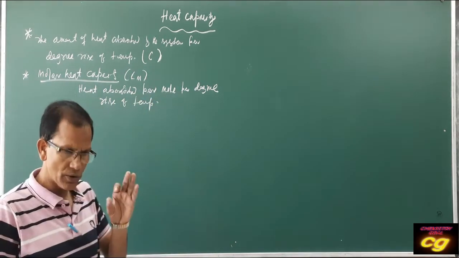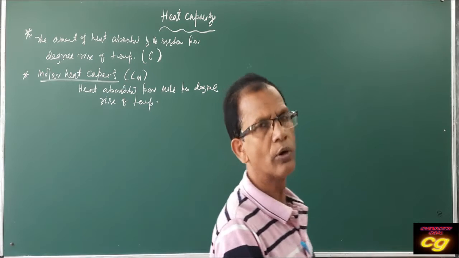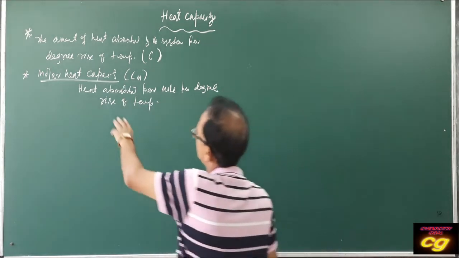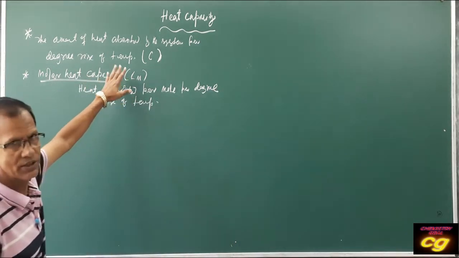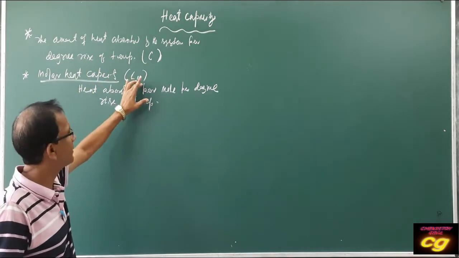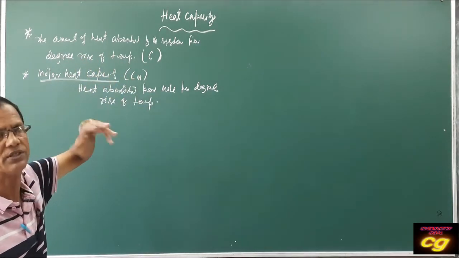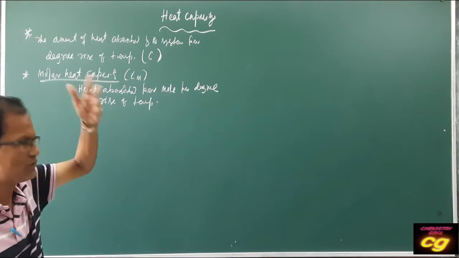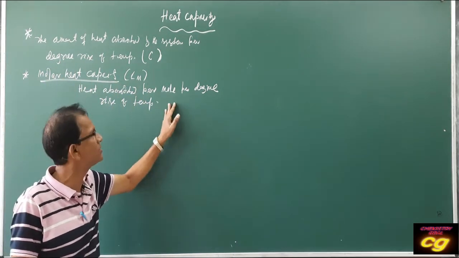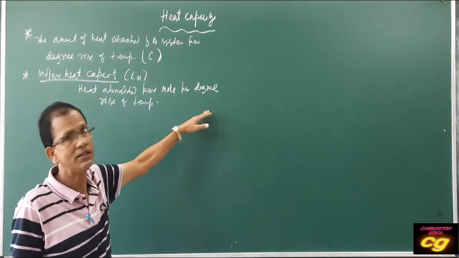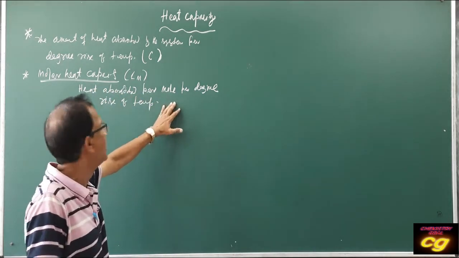If the amount of substance is fixed at one mole, that is called molar heat capacity: the amount of heat absorbed per mole of substance per degree rise of temperature.